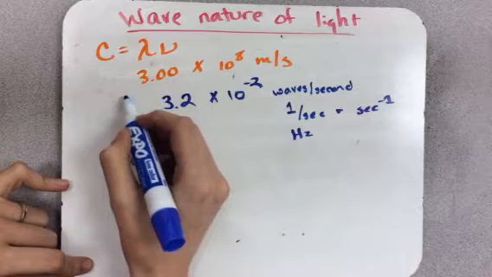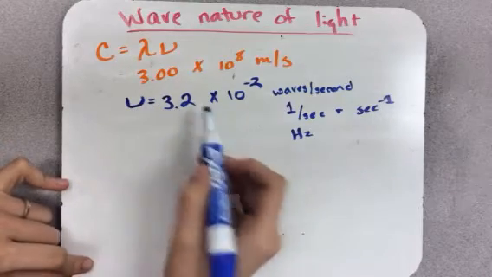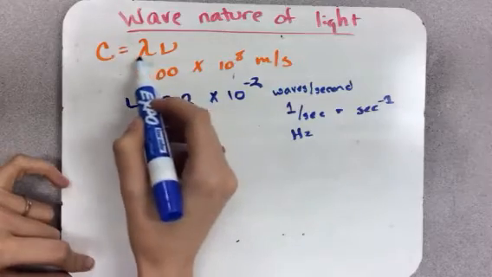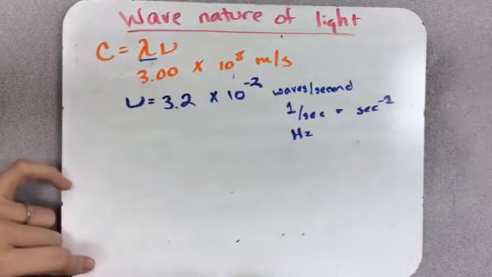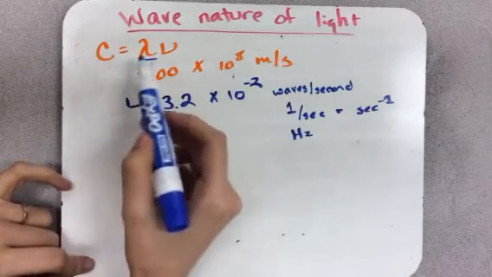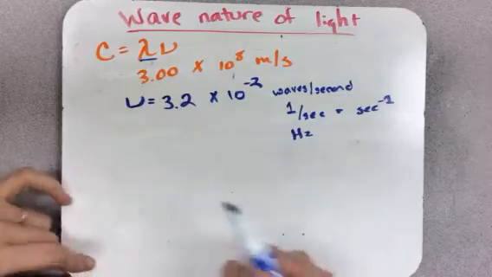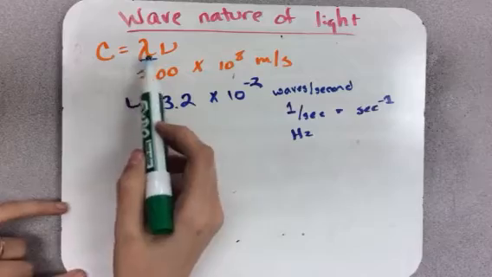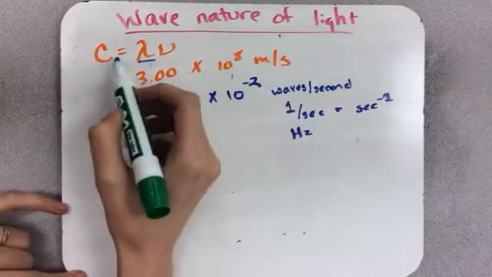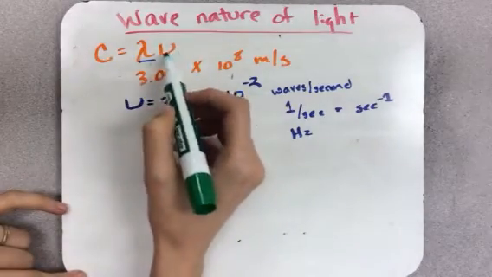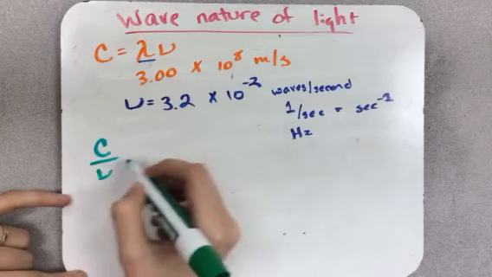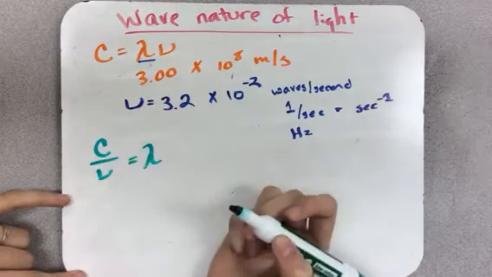Okay, so our frequency here is 3.2 times 10 to the negative 2, and I want us to find the wavelength. All right, so how would we do that? How would we solve for wavelength in this case? Well, first I would change this equation to isolate wavelength. And to do that, you would divide by frequency. So c over nu equals lambda.